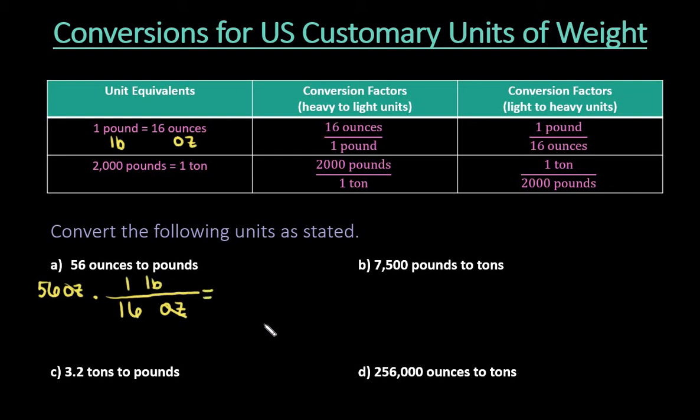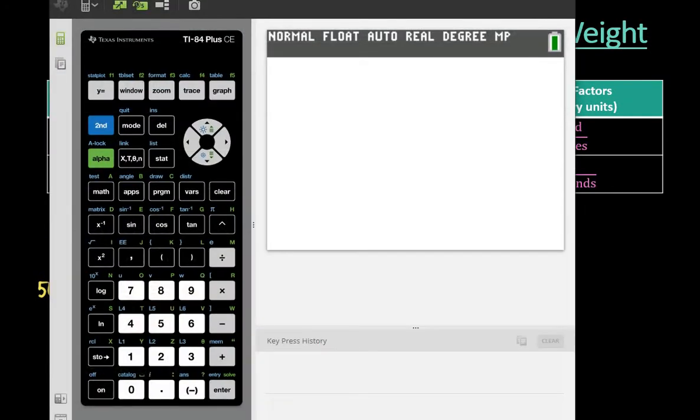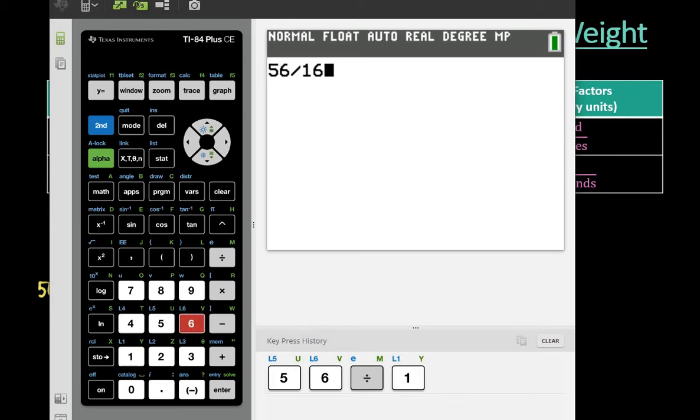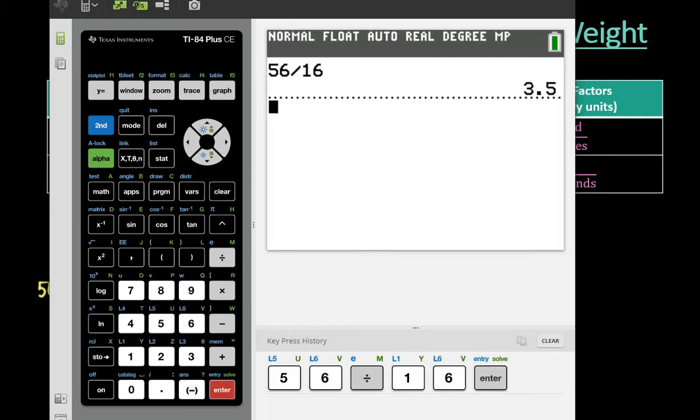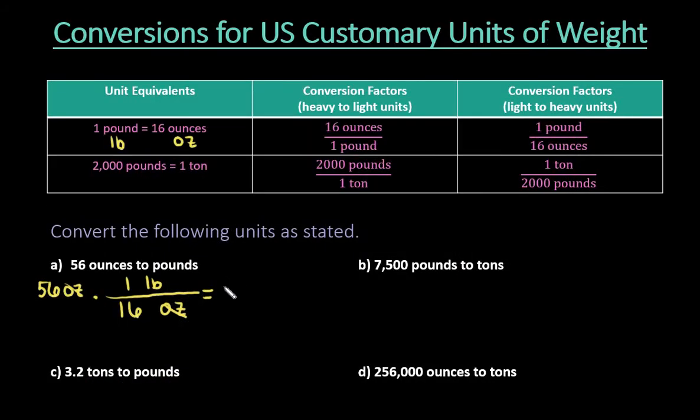So when we simplify this, we would just do 56 divided by 16. If we type that in, it gives us 3.5. You can use any calculator. It doesn't require a graphing calculator for this. It's just what I have. So 56 ounces is equivalent to 3.5 pounds.